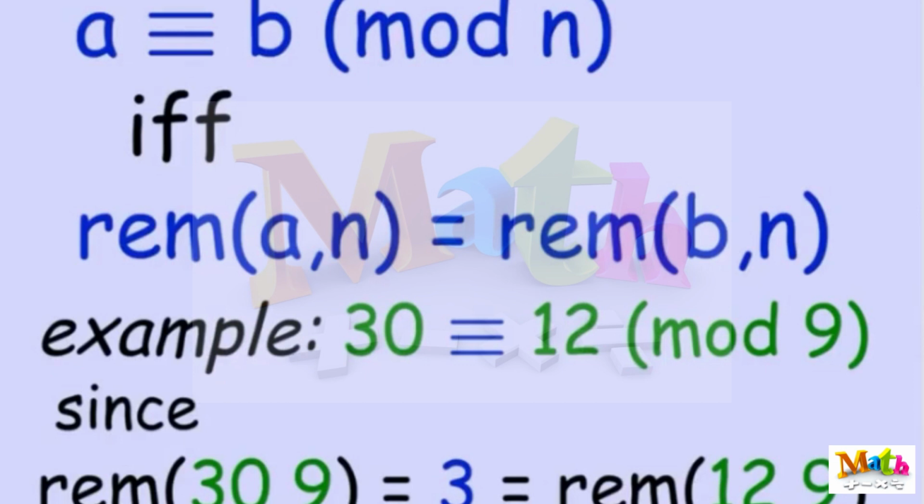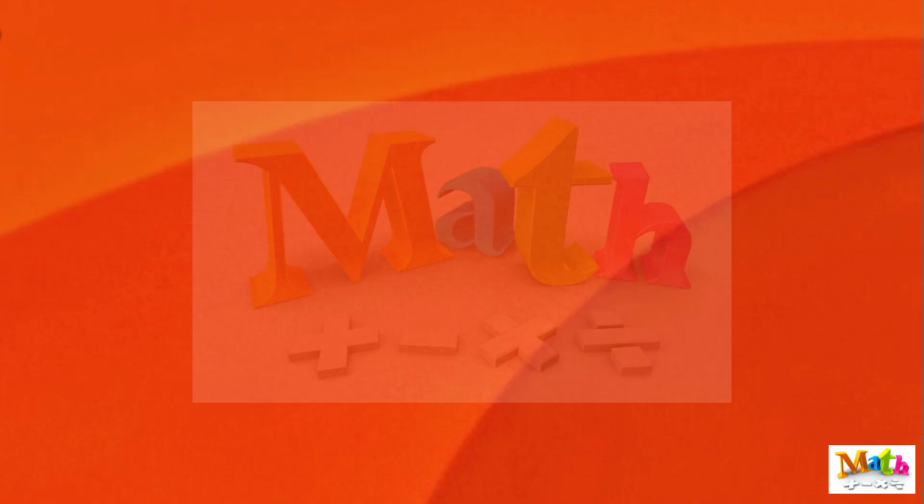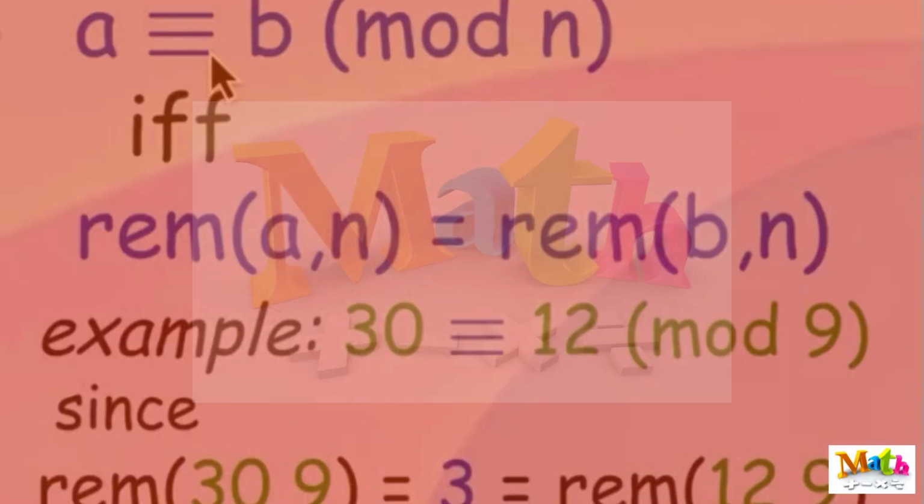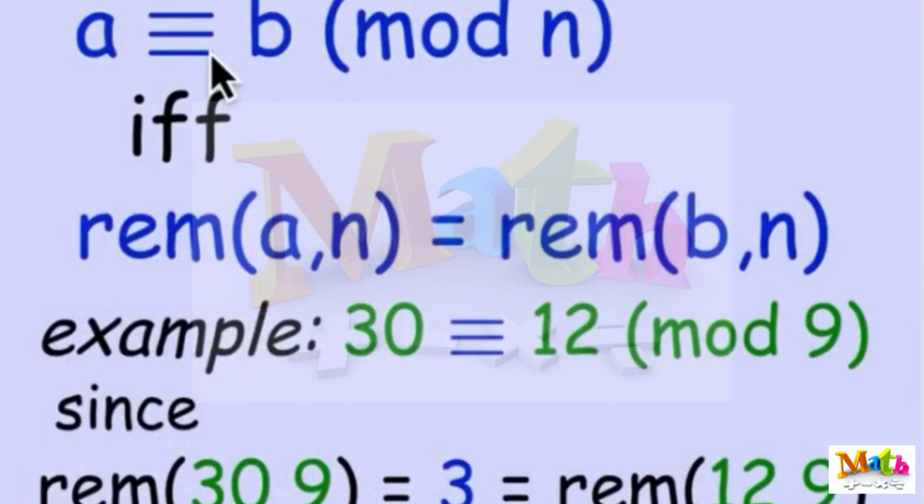So they do indeed have the same remainder 3, and they're congruent.